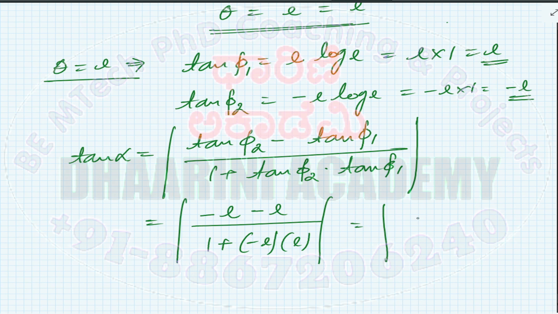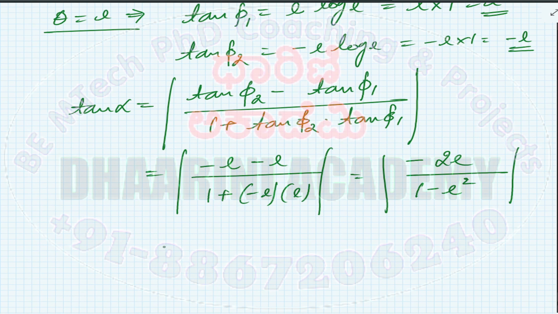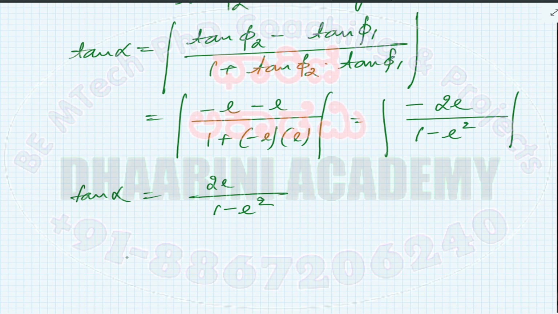So this implies magnitude of minus 2e divided by 1 minus e squared. So the negative sign will be cancelled. So tan alpha is equal to 2e divided by 1 minus e squared. So what is alpha?